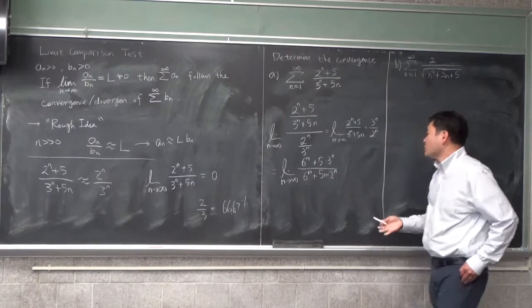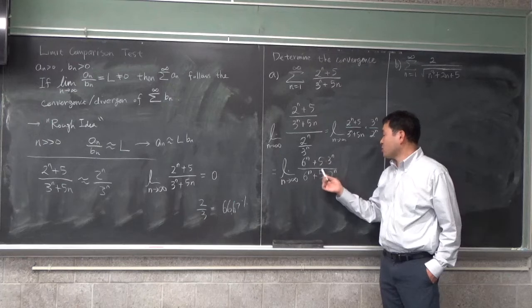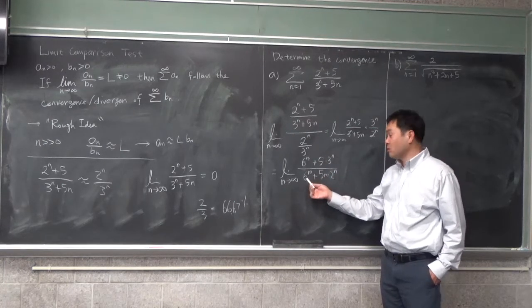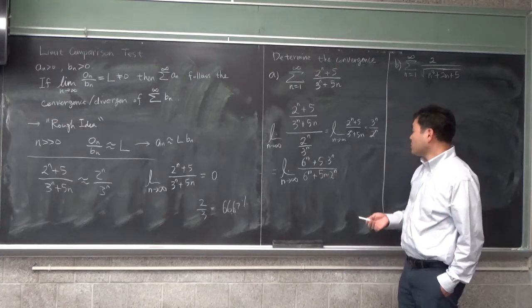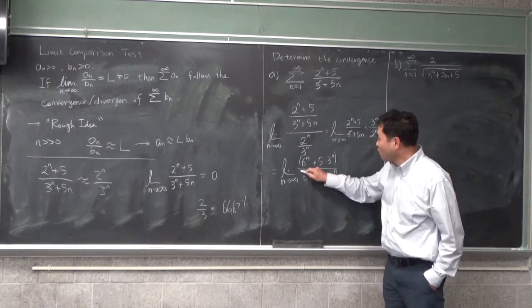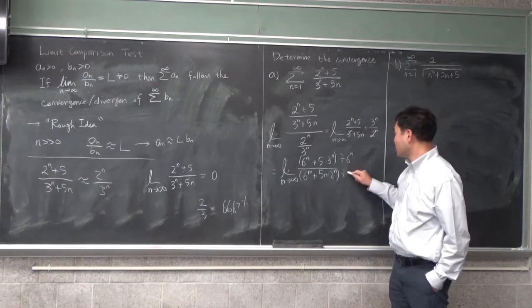And at this point, you can already make an argument that 6^n increases much faster than the other one, so these are the dominant terms. And since they are the same, the limit is 1. Or if you're still not sold on that idea, you can divide top and bottom by 6^n.